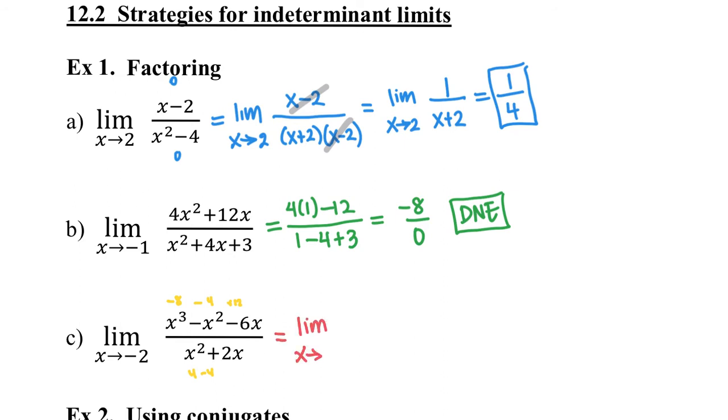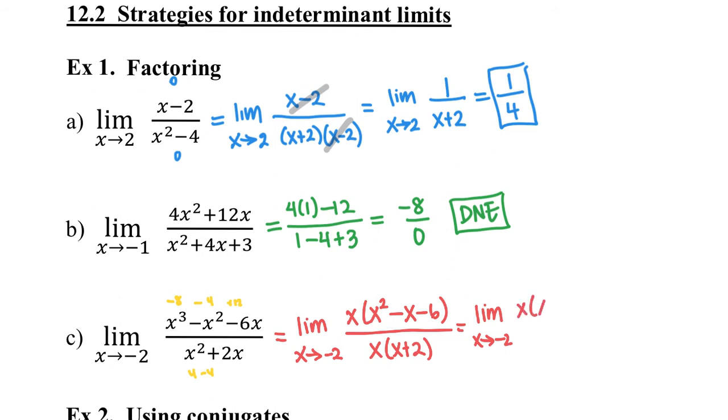Okay, I am going to keep writing the limit as x approaches -2 because I have not yet done the substitution step. And again, sometimes you might just want to factor because it's easier to plug into anyhow. I think it's easier to plug into factored form than the original.